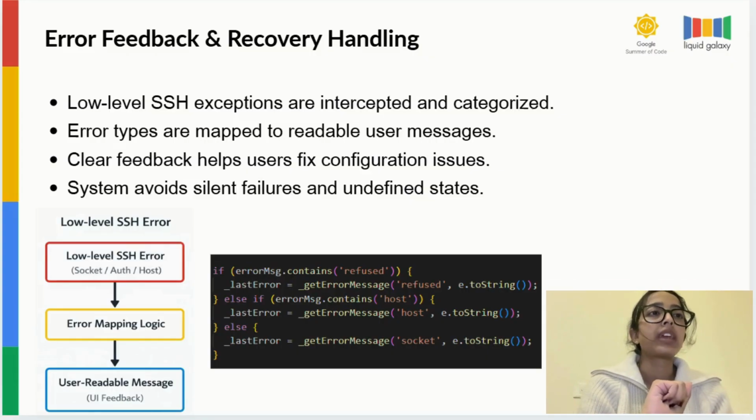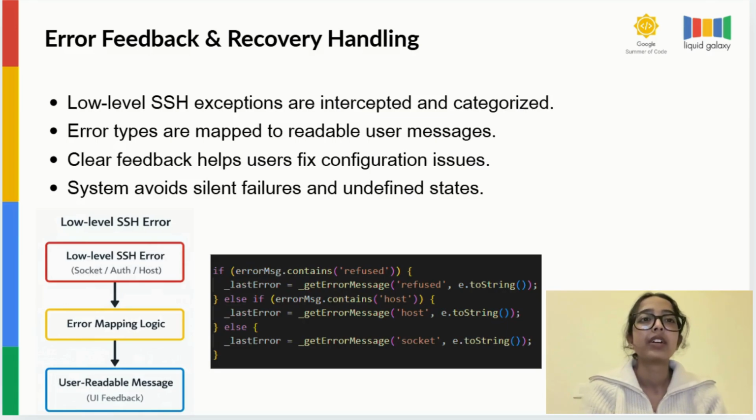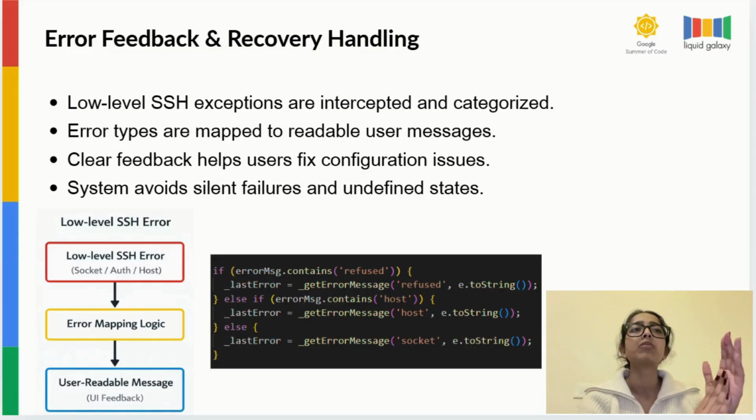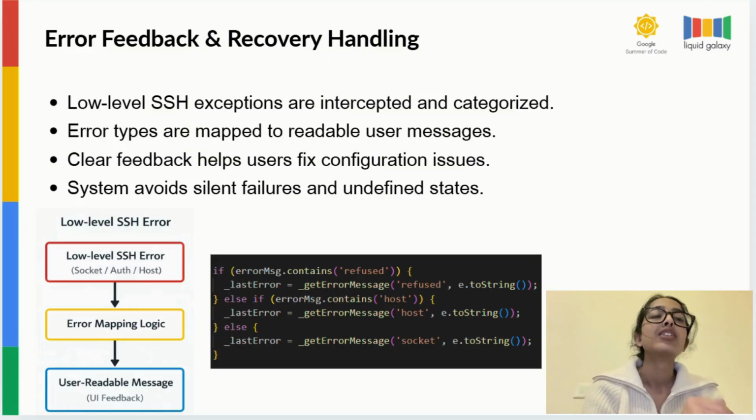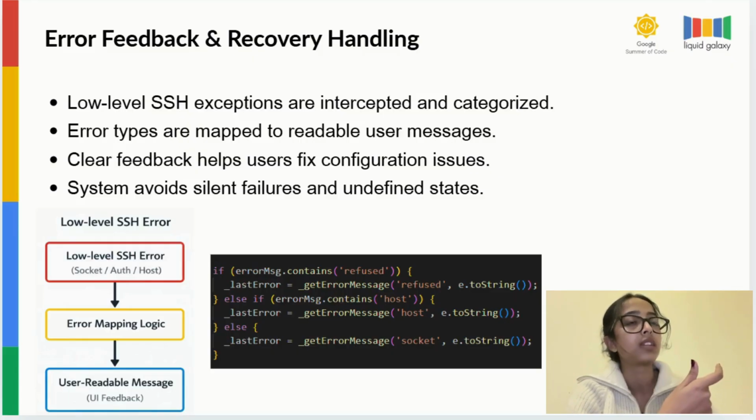Now let's look at how the system handles runtime errors and recovery, because that's also important. When you're working with SSH networks and remote machines, failures are there. They are just normal, not exceptions. So the app does not directly show raw SSH errors to the user.